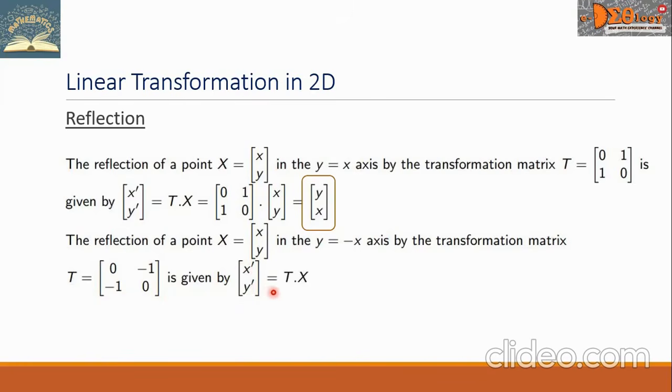This is equal to capital T times capital X. When we substitute the corresponding matrices, it will be like this. And when we evaluate the product, we will have negative y, negative x, respectively.